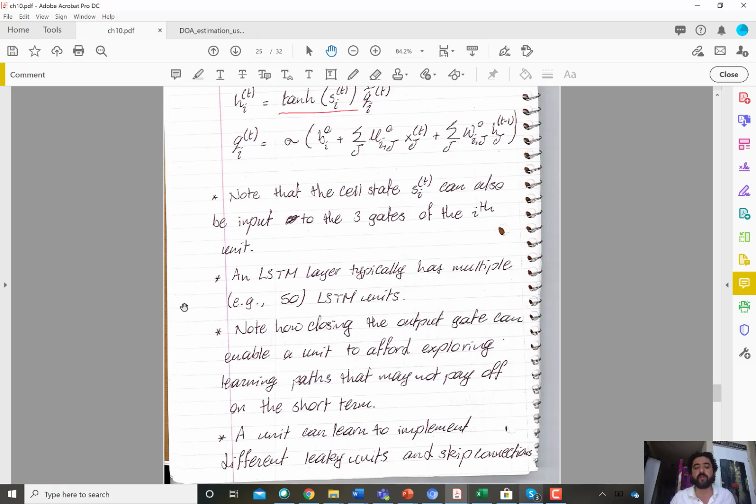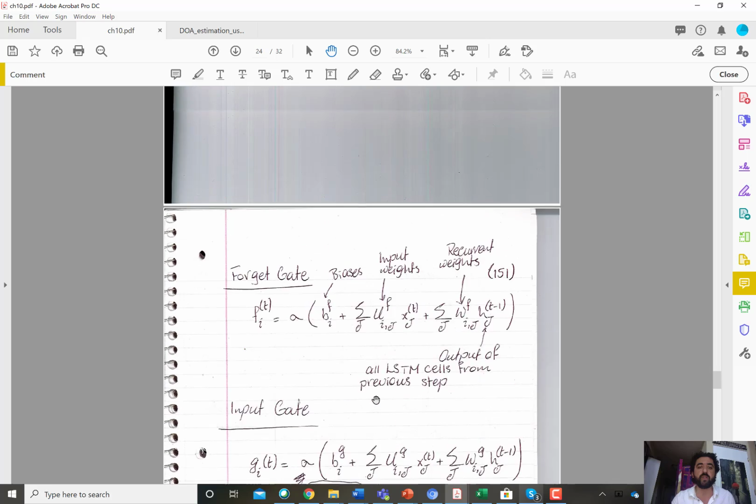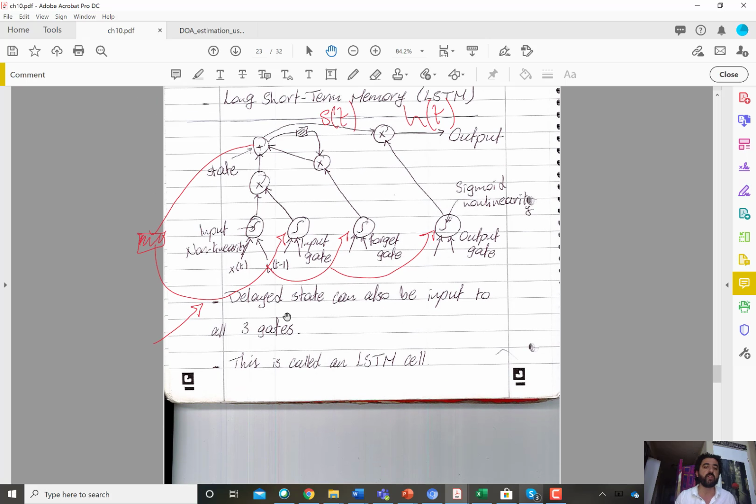So let's think of the units we discussed before, the leaky units and the skip connections. Implementing leaky units can be straightforward. Leaky units basically have an alpha times the previous state plus 1 minus alpha times the new input. So to implement a leaky unit in this LSTM structure, you can think of the input gate and forget gate being complementary to each other.